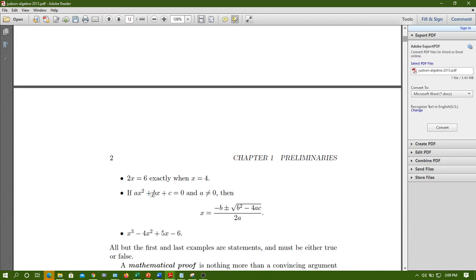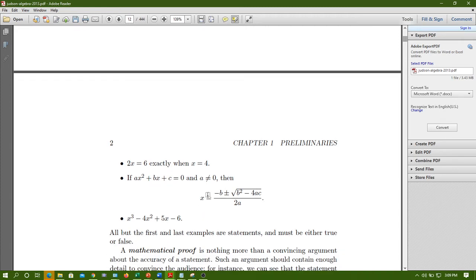If ax squared plus bx plus c equals 0 and a is not equal to 0, then this, what is this? What formula is this? Okay, quadratic formula. x equals negative b plus and minus square root of b squared minus 4ac over 2a.